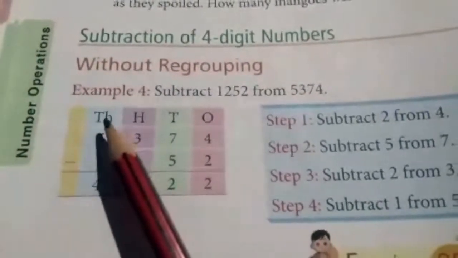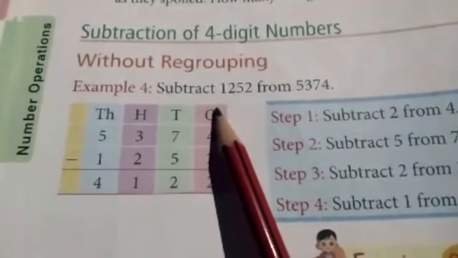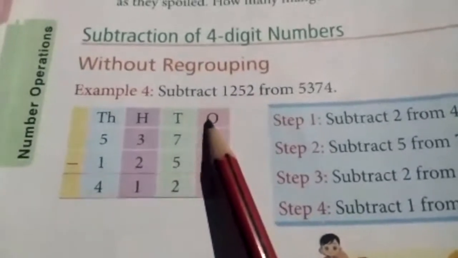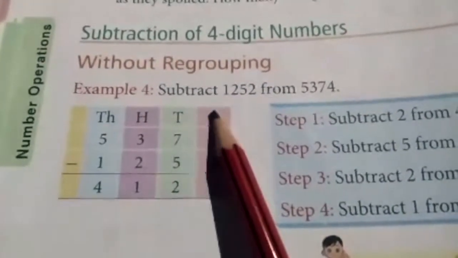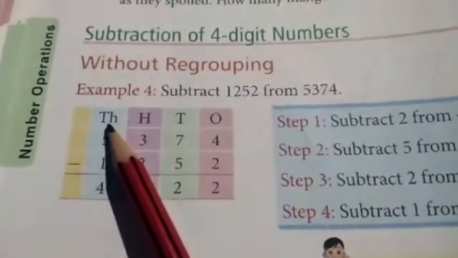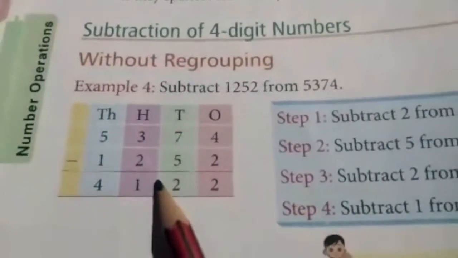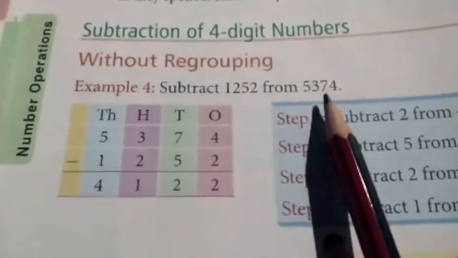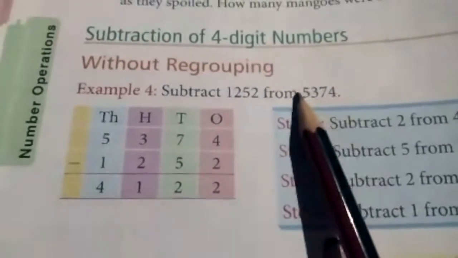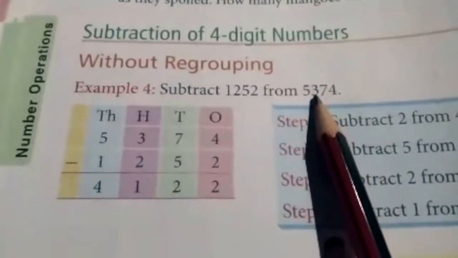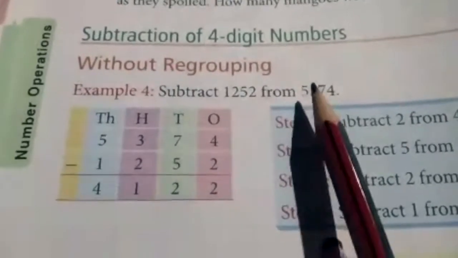When we subtract, we first write the place values: thousands, hundreds, tens, ones, because it is a 4-digit number. Then we write the numbers. When we subtract, we always write the number we subtract from on top.